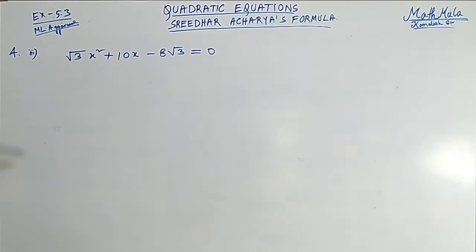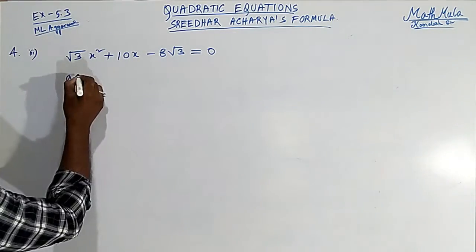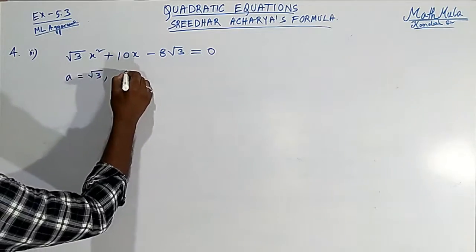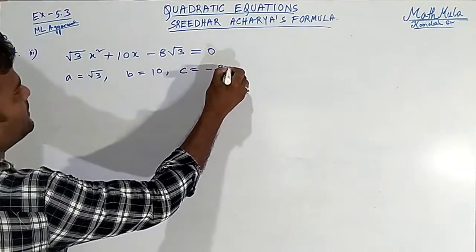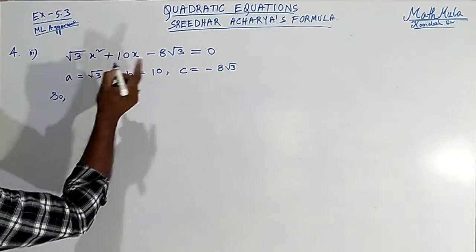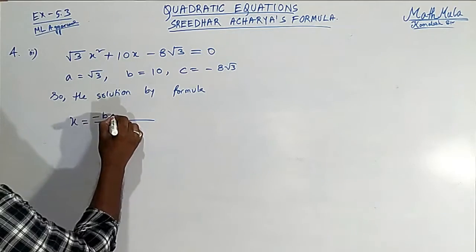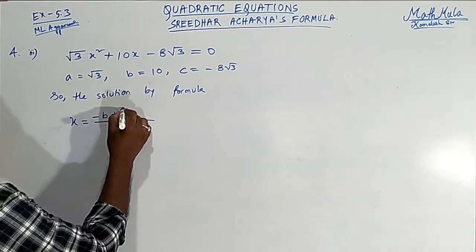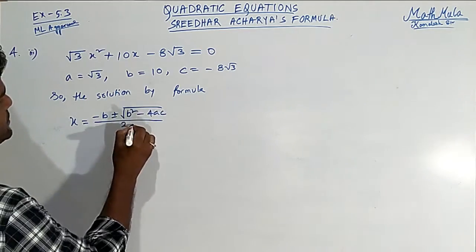So first we compare this equation with the general form. We get a is equal to root 3, b is equal to 10, and c is equal to minus 8 root 3. So the solution by Siddhar Acharya's formula: x is equal to minus b plus minus root over b squared minus 4ac by 2a.